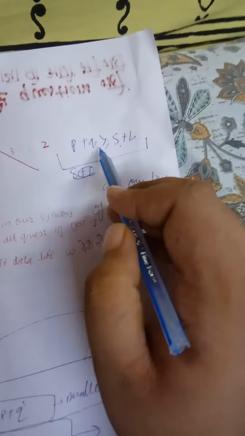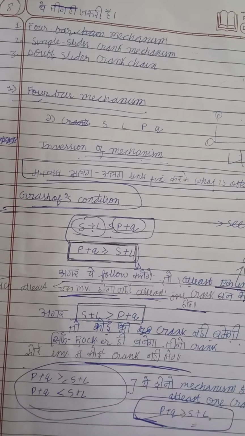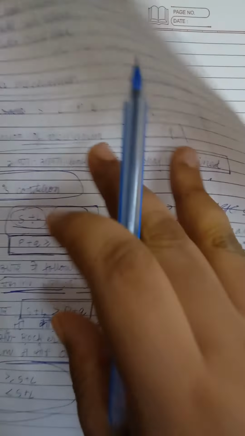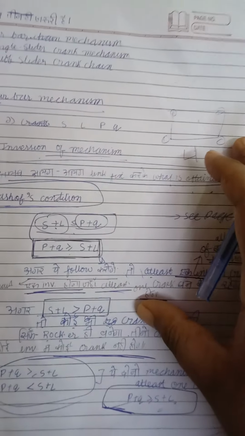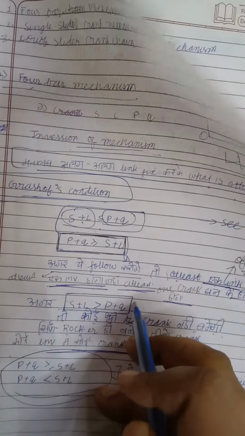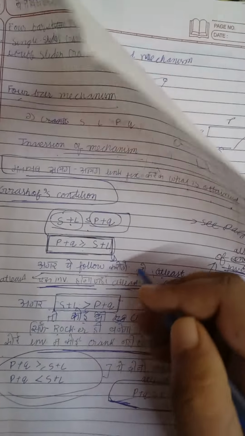So in this we are going to say that if this condition is satisfied, then at least one link of every mechanism will behave as a crank. But suppose this condition does not satisfy, that does not mean that we have not got a machine. We have still got a machine, but for the condition P plus Q is less than S plus L, there won't be any crank.